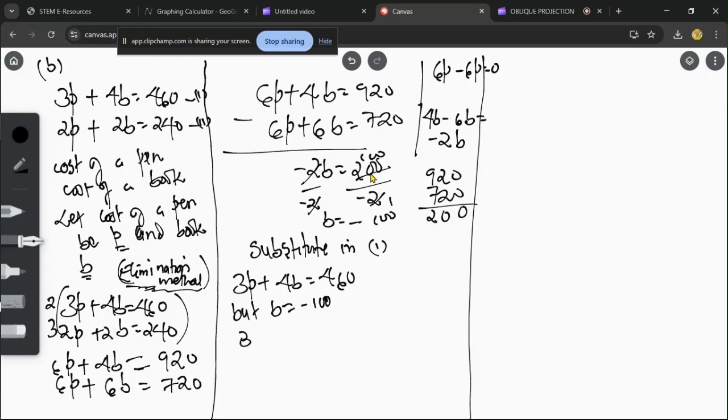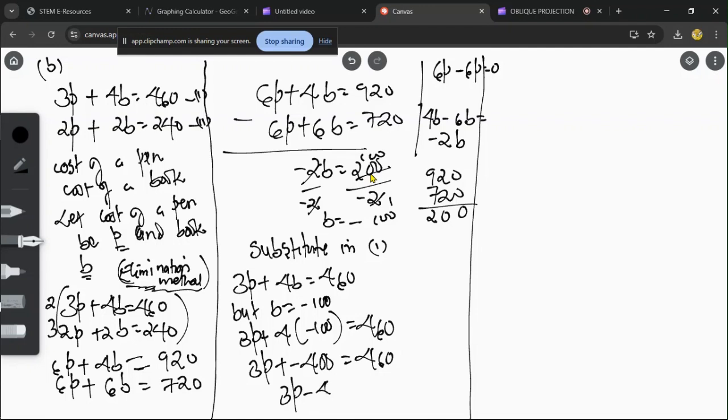So 3p plus 4, where there is b, I'll be writing minus 100 is equals to 460. So we have 3p plus, 4 multiplied by minus 100 will give me minus 400, is equals to 460.